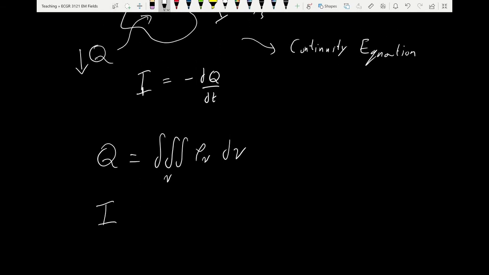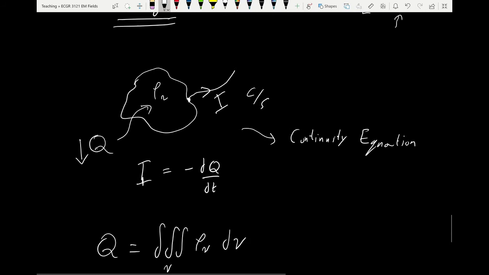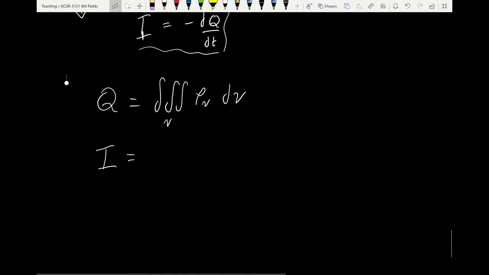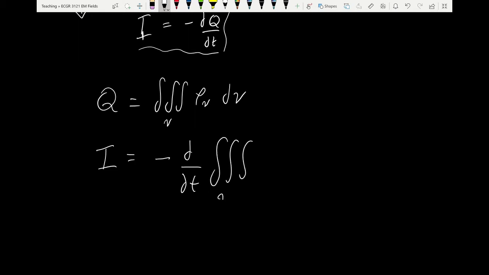What is I? We defined I here to be this, right? So I, let me write it in terms of the integral. It's going to be minus d by dt of the volume integral of rho v dv.